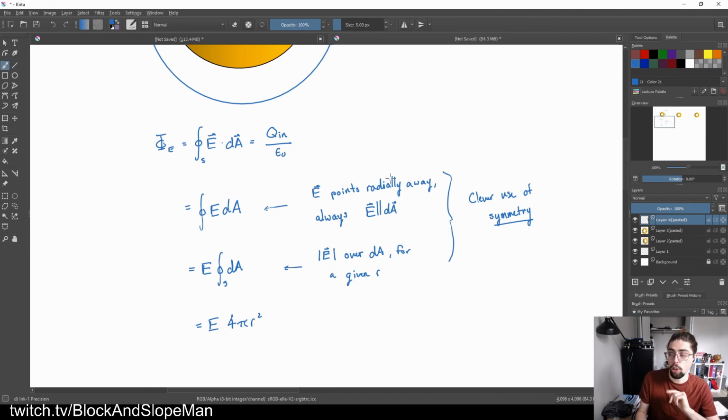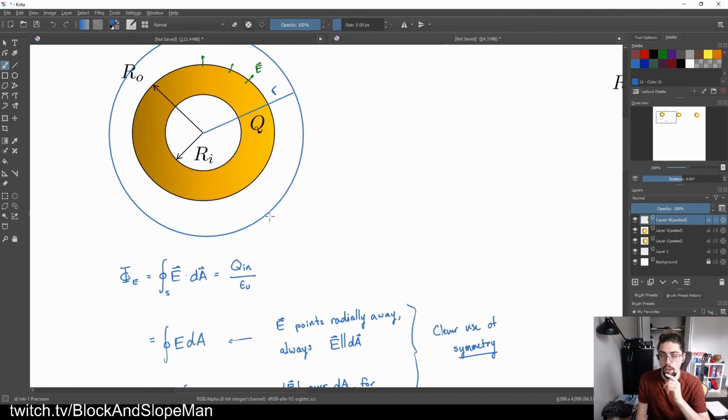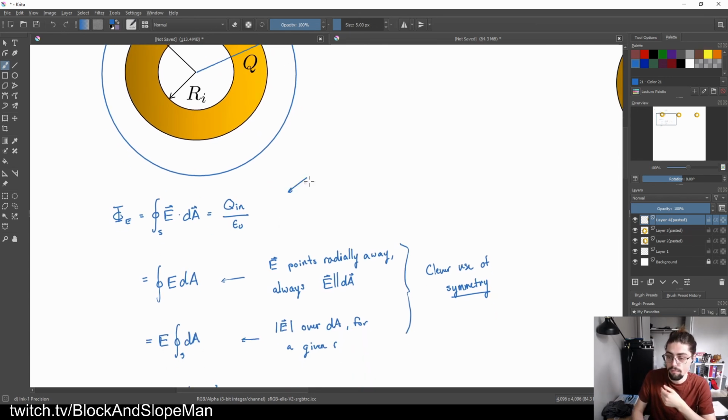So now we need to look at Q inside. How much charge do we actually have inside? Well, if I look at this thing, all of it, right? As long as I'm outside of the shell, I have the entire Q on the inside. All Q is inside the Gaussian surface.